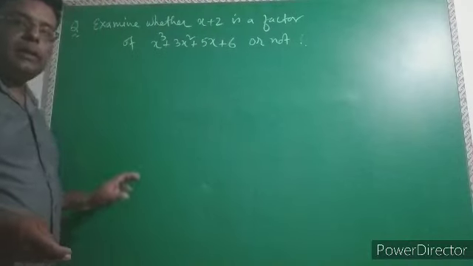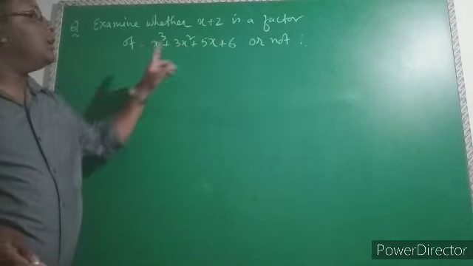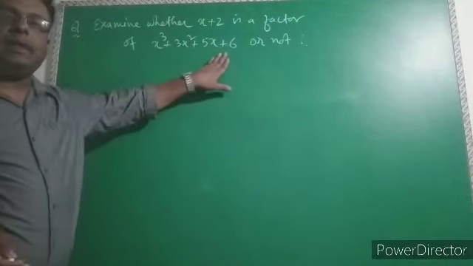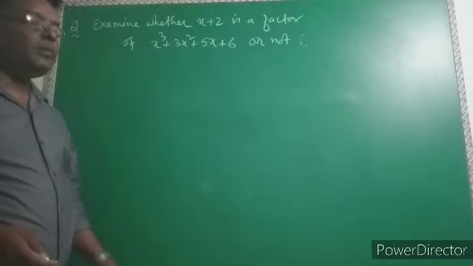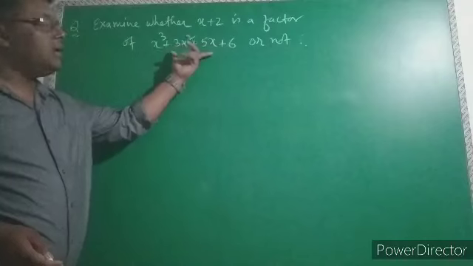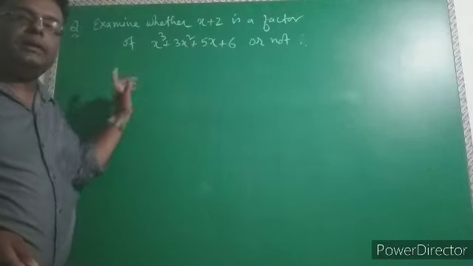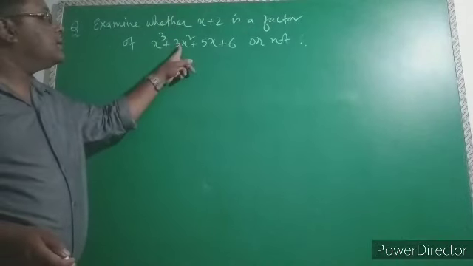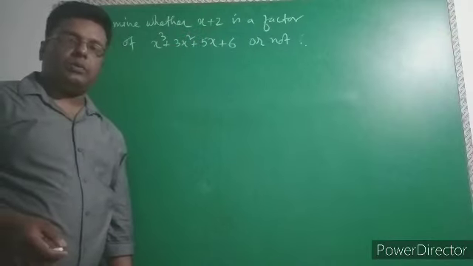So we take a question here. Examine whether x plus 2 is a factor of x cube plus 3x square plus 5x plus 6 or not. That is, we have to check whether x plus 2 is a factor of this polynomial. First we have to find the remainder when this polynomial is divided by x plus 2.